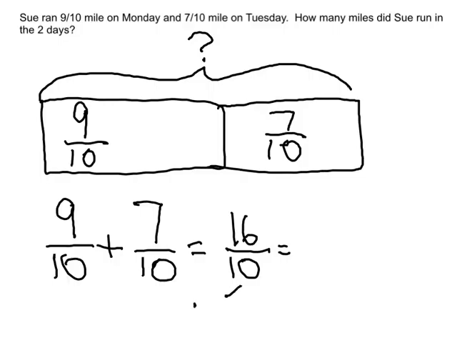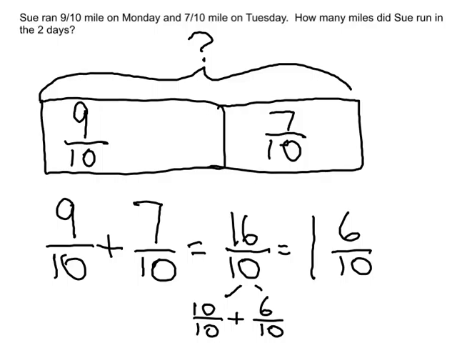I can take 10/10 plus 6/10 equals my 16/10, and 10/10 equals 1, and 6/10 would stay the same. So our answer is 1 and 6/10. That's how far she ran. If I want to take it to the next step, I know that we'll leave it there.